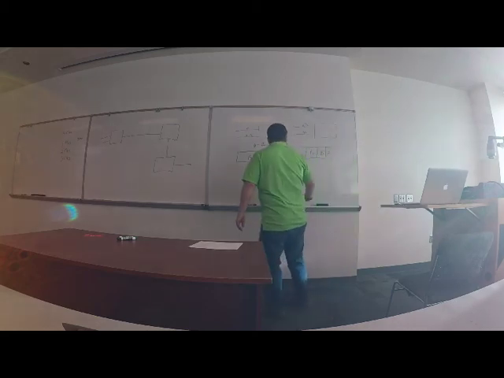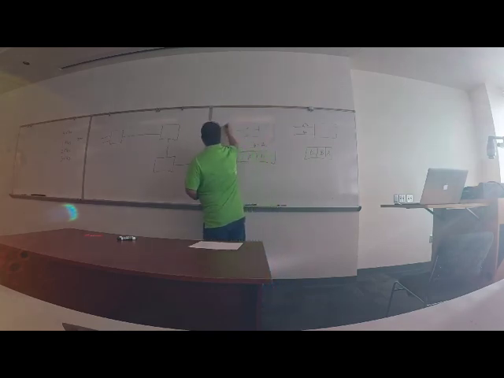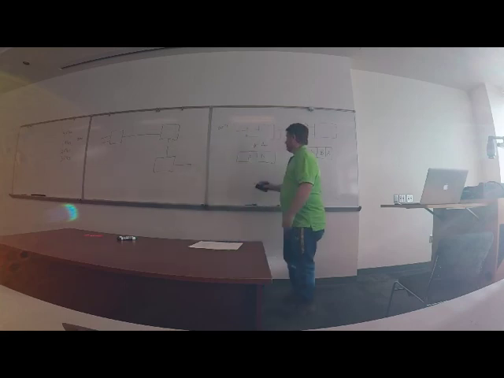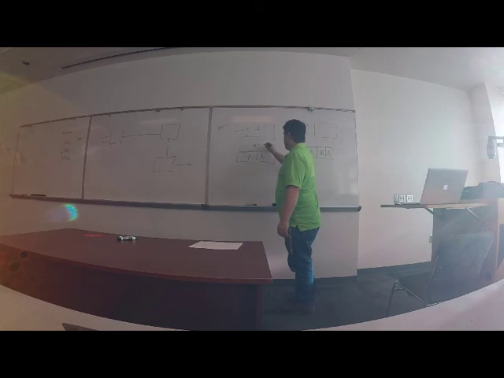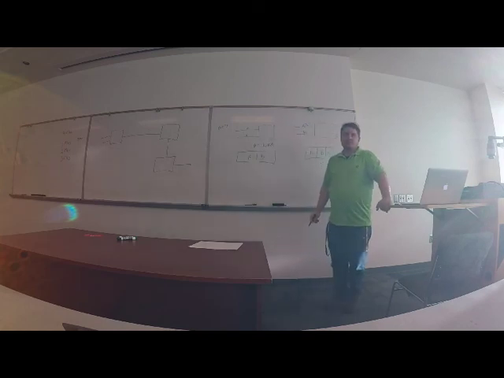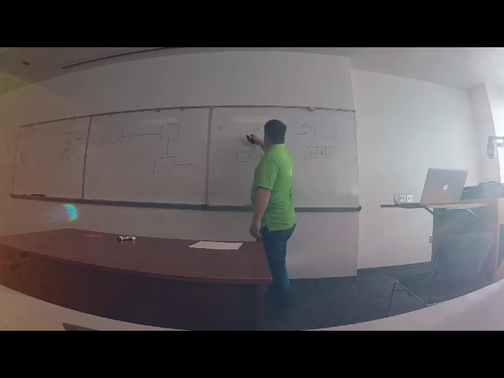Now let's do weighted fair queuing. So A has a weight of 2. What does our queue look like now? 2A, 1B, right? So we have 2 lines going in.